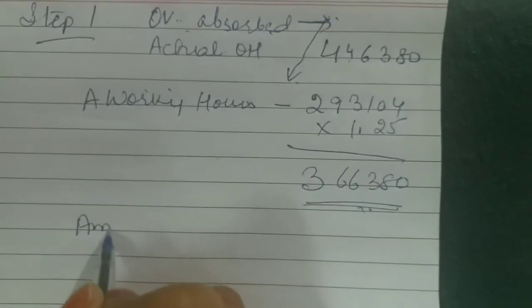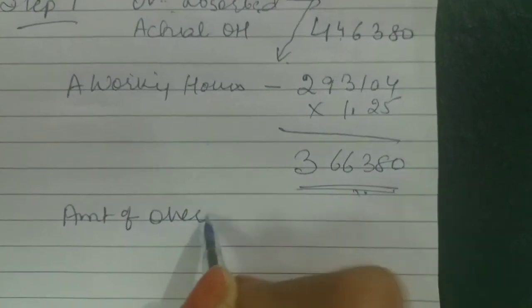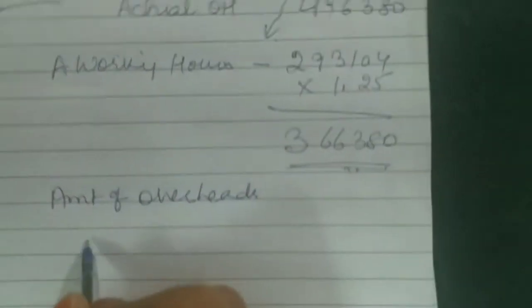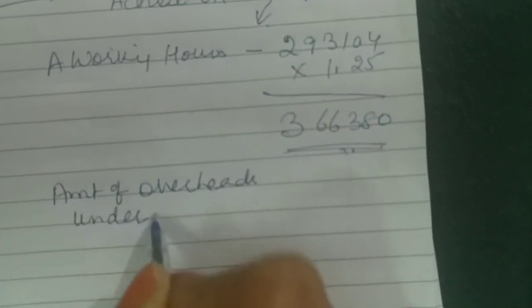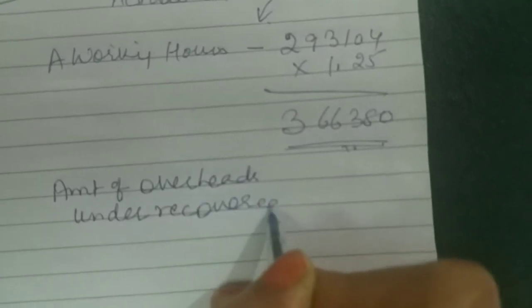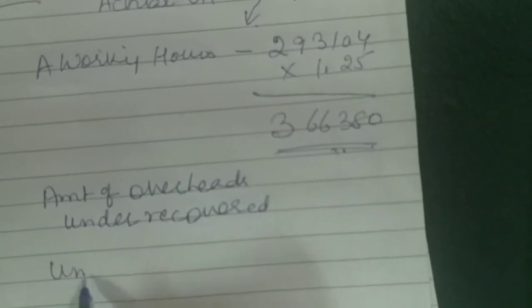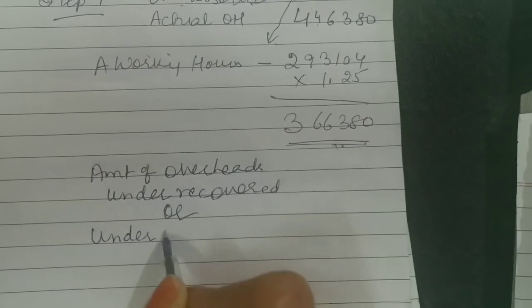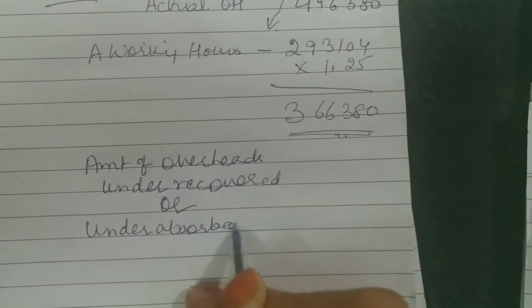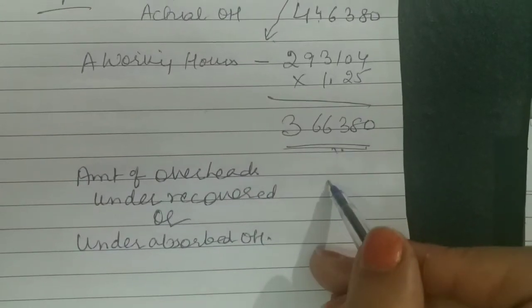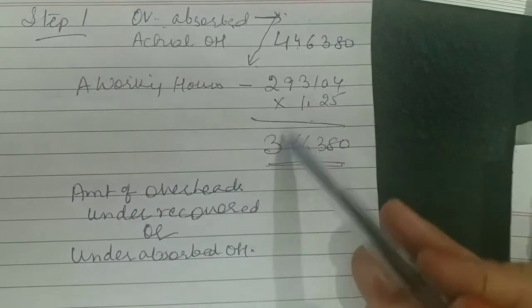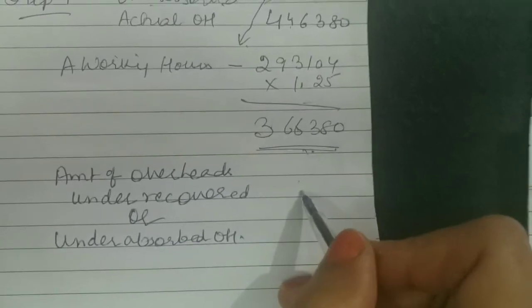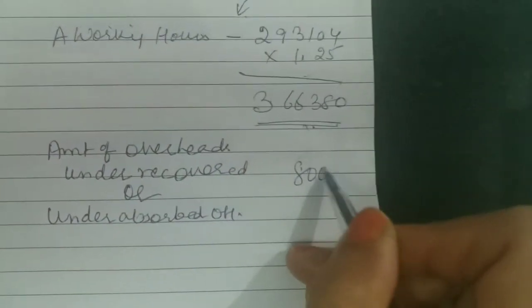We are going to first of all write down the amount of overheads under recovered, or you can write under absorbed overheads, simply under absorbed overheads. So how are we going to find out? We will subtract these and we get the figure that is 80,000.